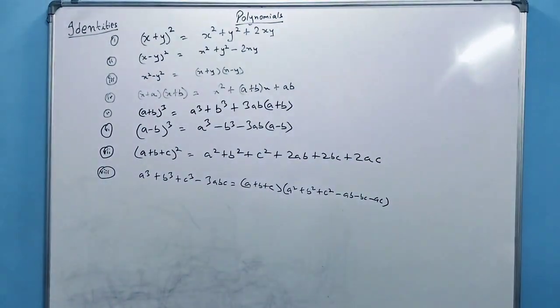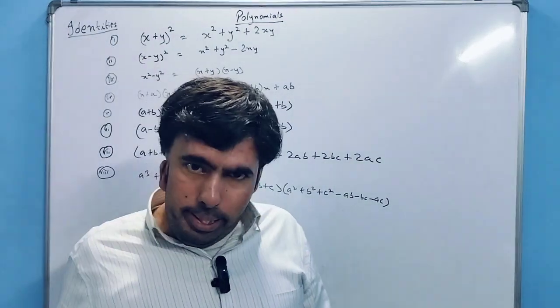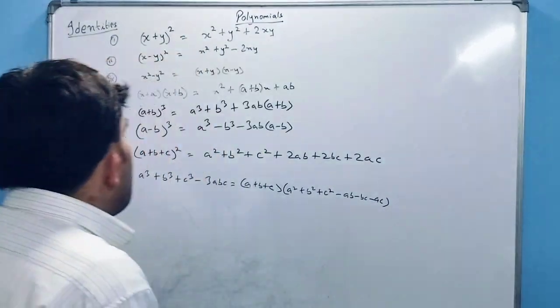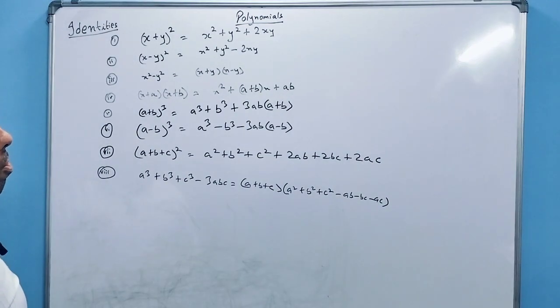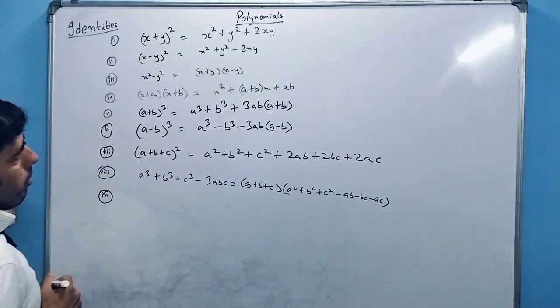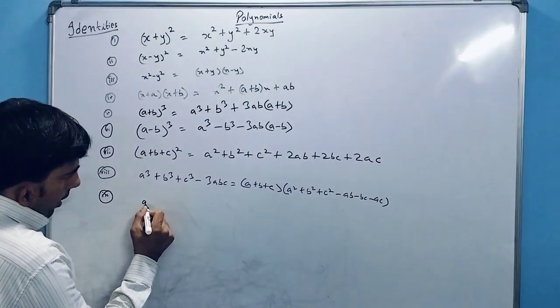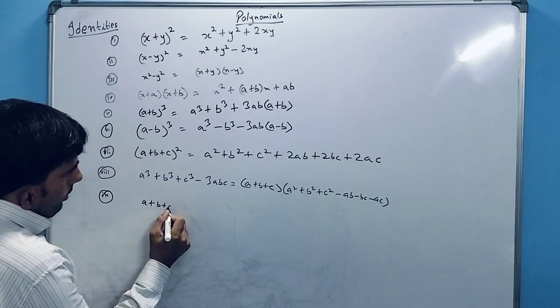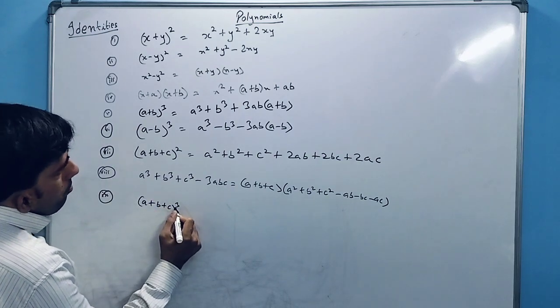Now apart from these identities, I will tell you 3 or 4 more new identities. Now we have (a plus b plus c) whole cube.